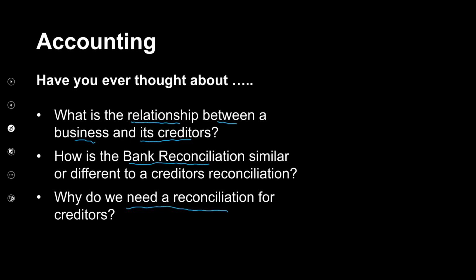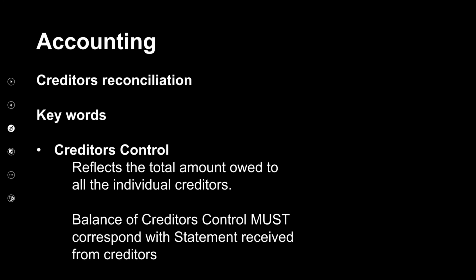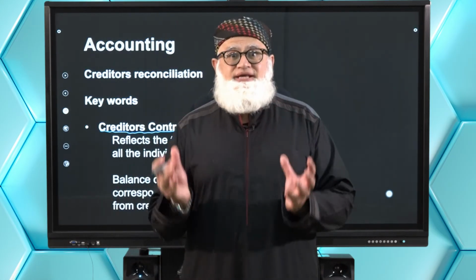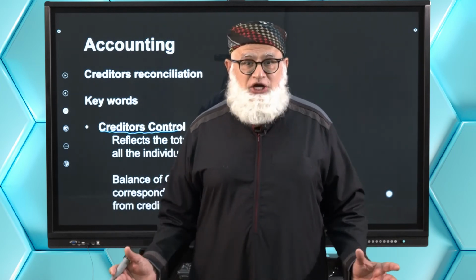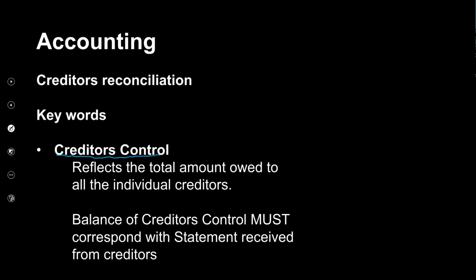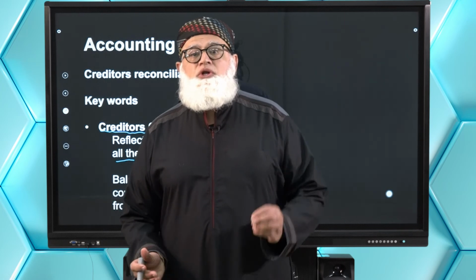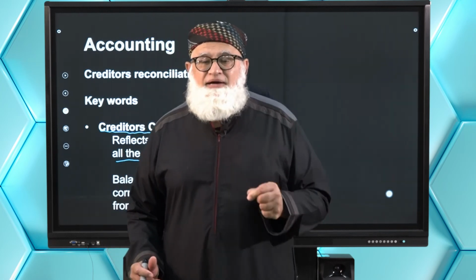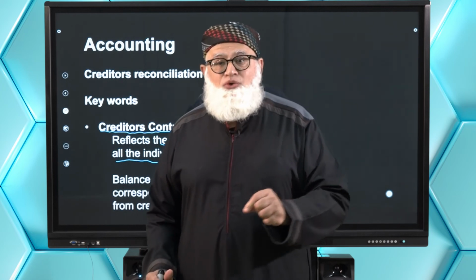Okay, let's move on. Let's look at a few keywords here. Number one, what is the creditor's control account? Remember that your creditor's control account is a summary of your creditor's ledger. Therefore, it reflects the total amount owed to all the individual creditors. In other words, the creditor's control account will not tell you the specific amounts that we are owing to individual creditors.